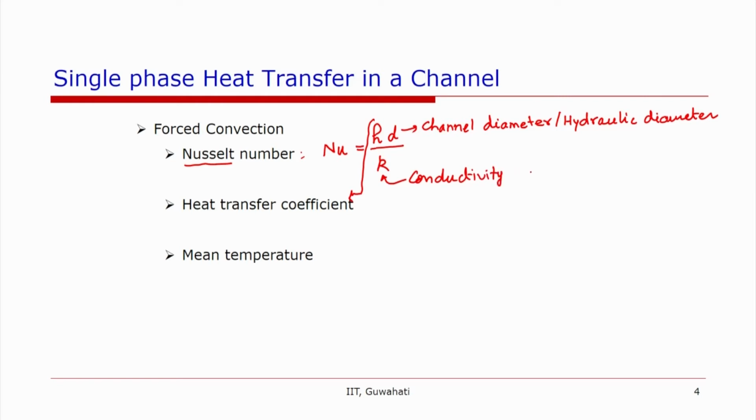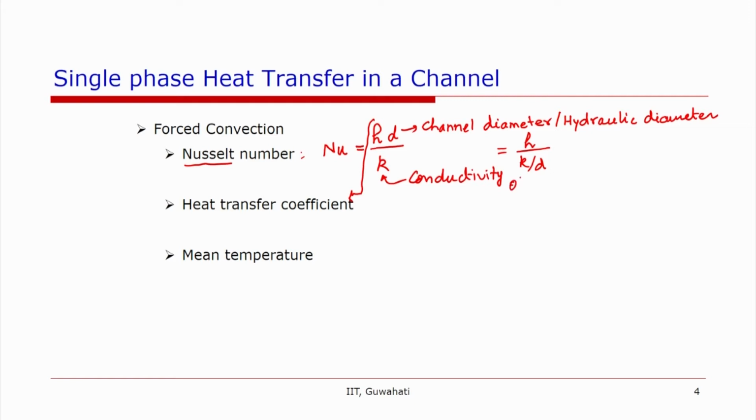of the fluid. Now, in case of two phase fluids, it is important to understand which phase conductivity should be used in this expression, because this is a comparison of, if you rearrange this, H d over k. So, the convective heat transfer divided by the conductive heat transfer in the radial direction.